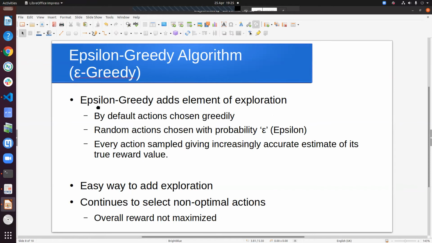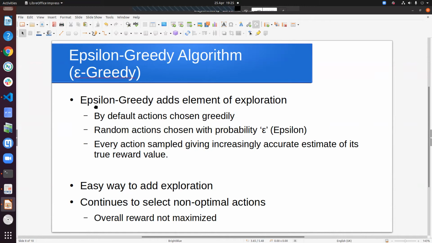Yeah, so to get around the fact that the greedy algorithm doesn't have any exploration, epsilon greedy just adds in a random element of exploration. On every time step, with a probability of epsilon, it will pick one of the actions at random, and does exploration that way.